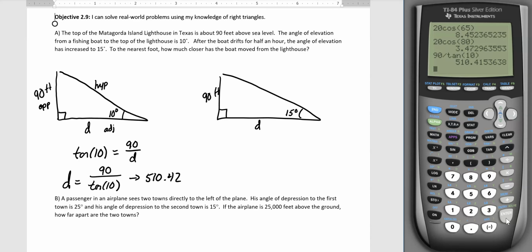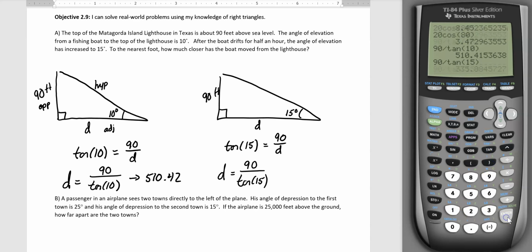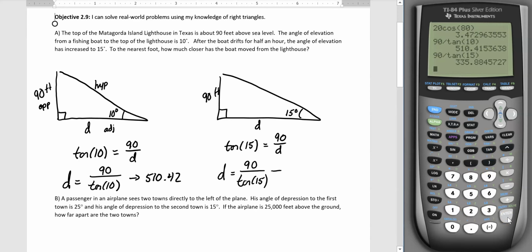So same equation, only we're just switching it up so that it'd be the tangent of 15 is 90 over d, which means that d equals 90 divided by the tangent of 15. 90 divided by the tangent of 15, and we get 335.88.